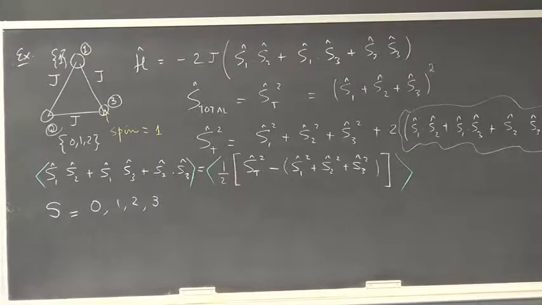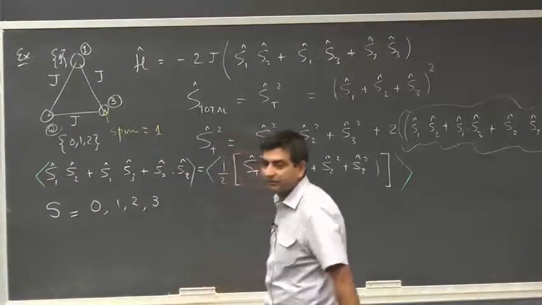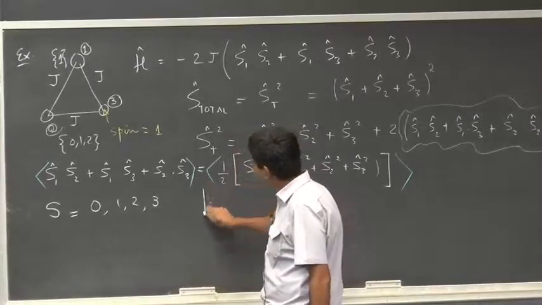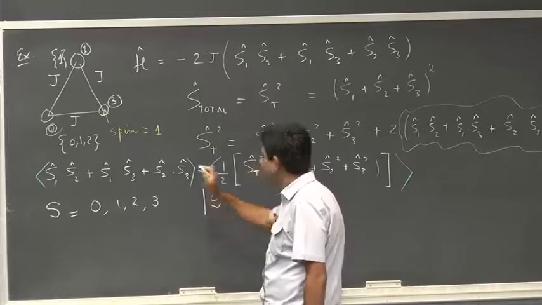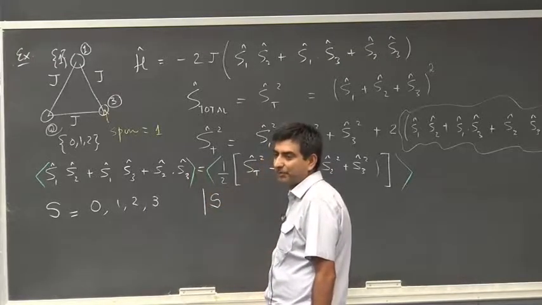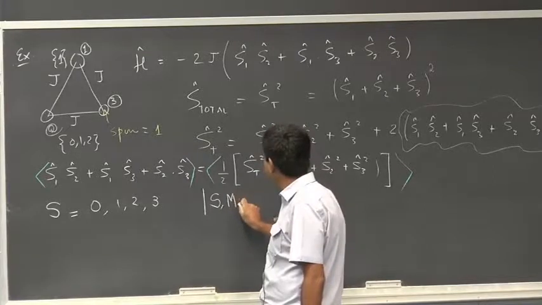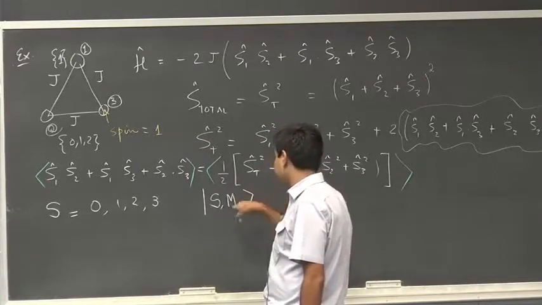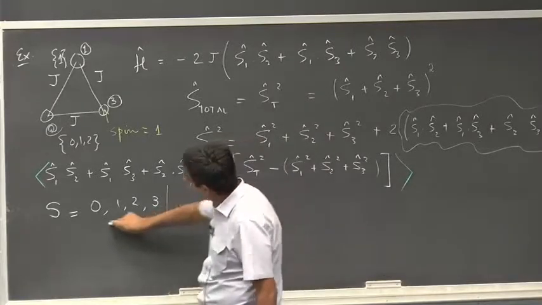So the total spin quantum number could take up these 4 possibilities, and the spin state is going to be defined by S, the total spin quantum number, and some m_s, the azimuthal component of the total spin.